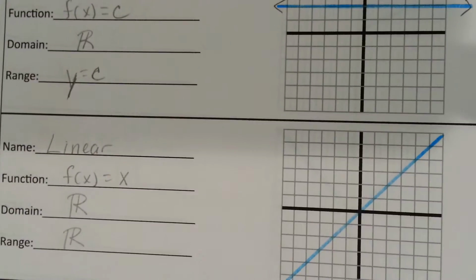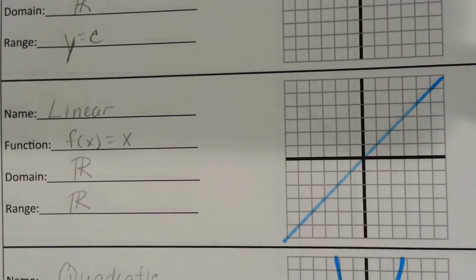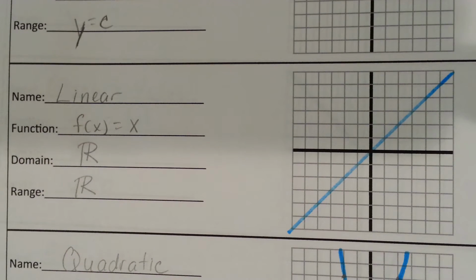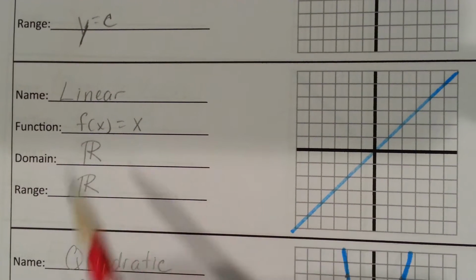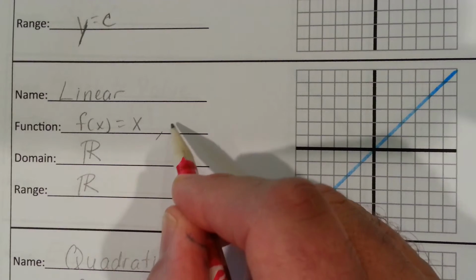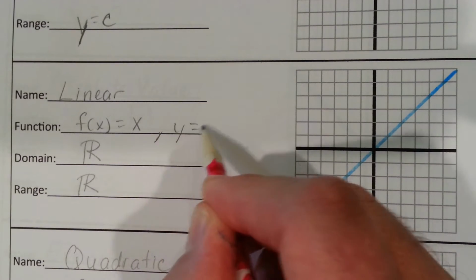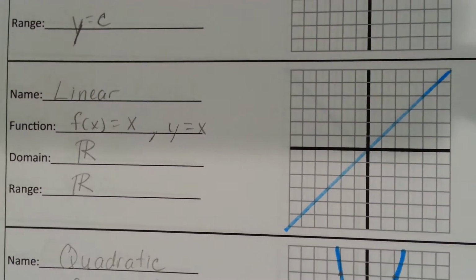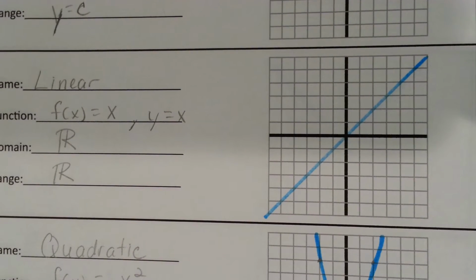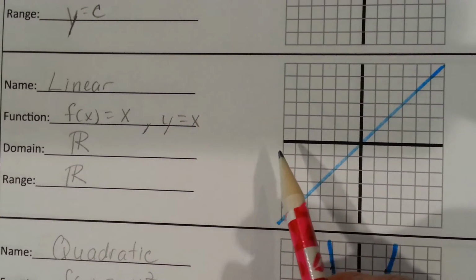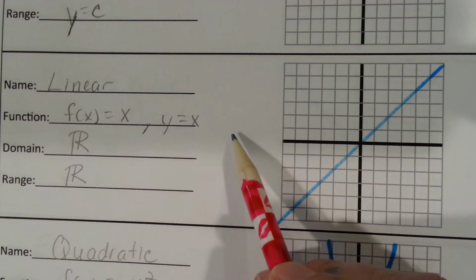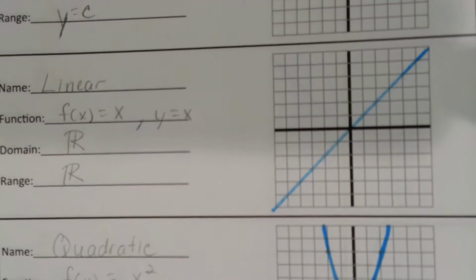All right, so here's my linear function. The parent function, the simplest form, is f of x equals x, or, one you're maybe more used to, y equals x. All right, this is the simplest form a line can get, right? There's no mx plus b. My slope is 1 and my y-intercept is 0, okay?